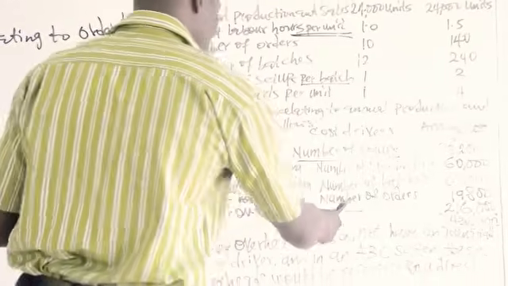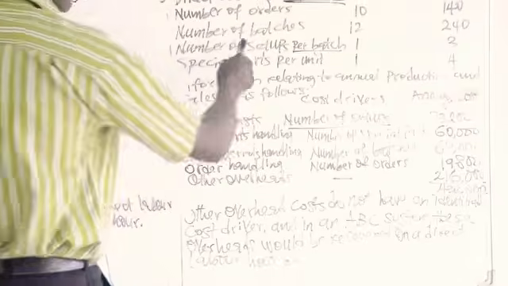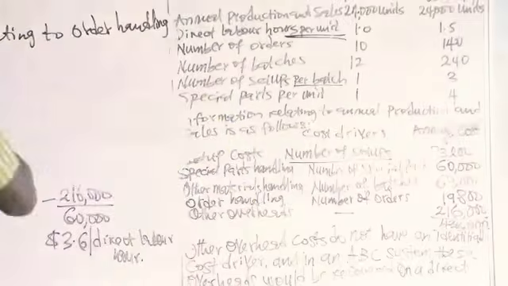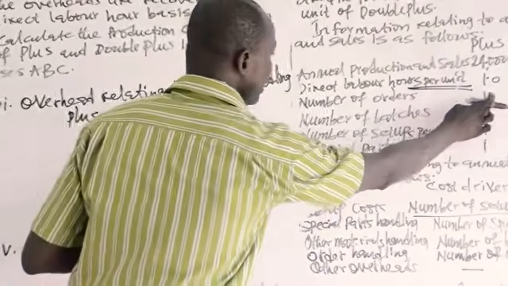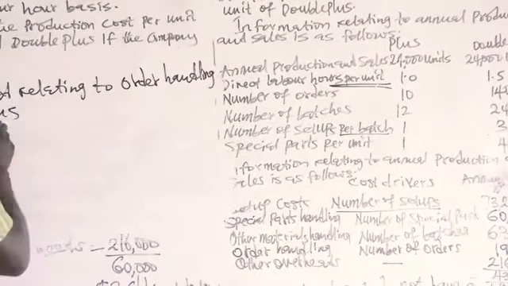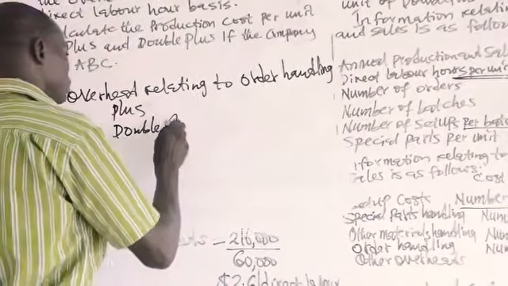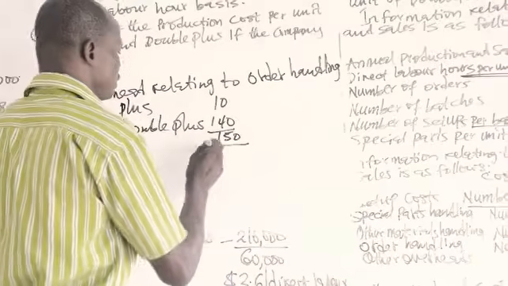And the cost driver for that is number of orders. The number of orders for plus is 10, and for double plus, 140. 10 and 140, total 150.